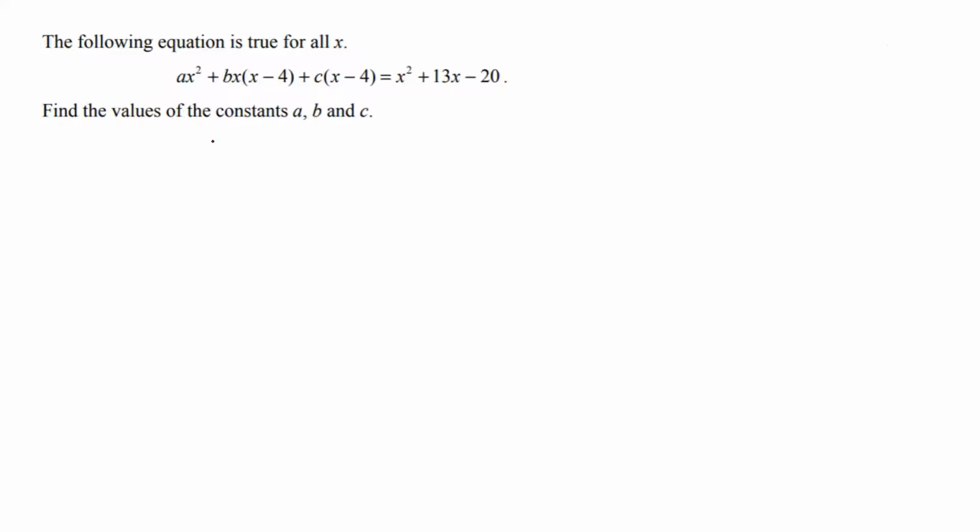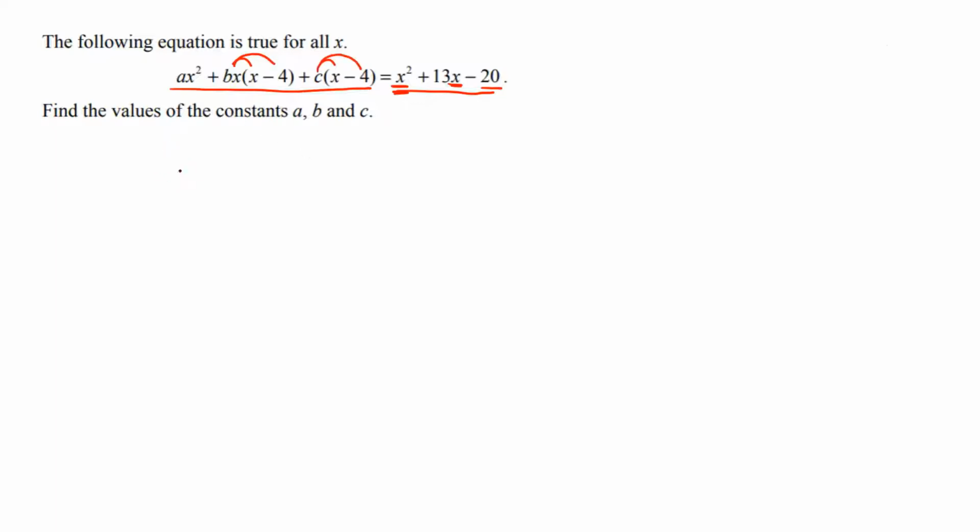The trick with this question, guys, is to make this formula look like the right-hand side. So we're going to have one x squared, one x, and one normal number. In order to do that, we're going to have to first multiply out these brackets.